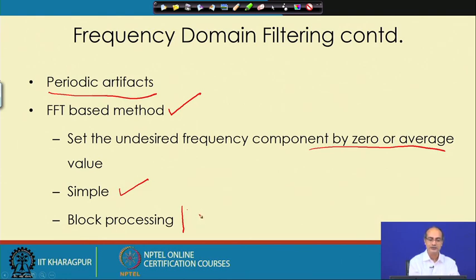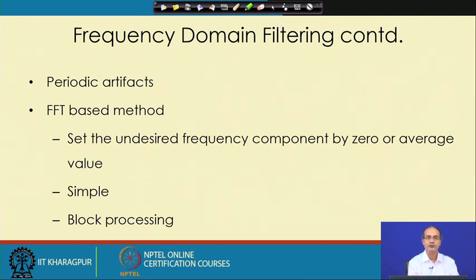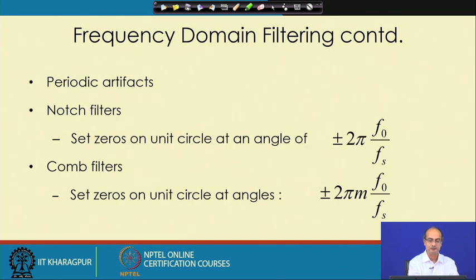So, though it is simple, that makes one difference: unless we have a block of signal, we cannot process it and give the output, and that makes it unsuitable for real time applications. So, we will look for some alternative that can keep the benefits of the simplicity and effectiveness of the frequency domain technique, but yet is not a block processing technique.